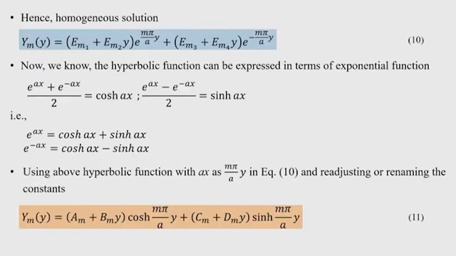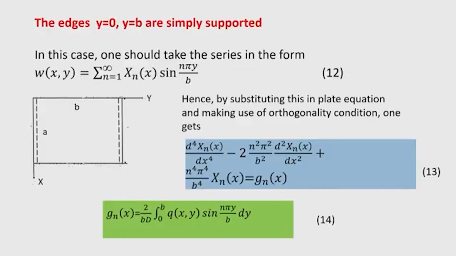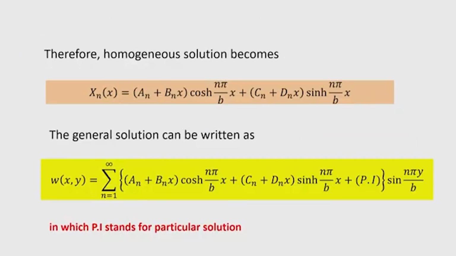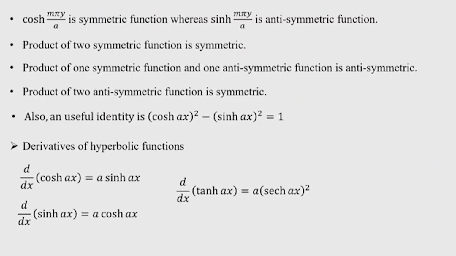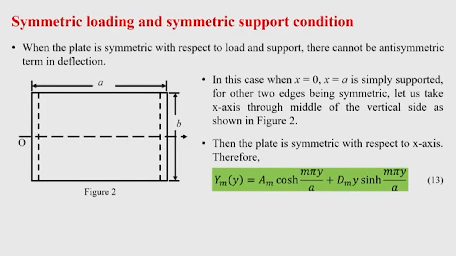So, when the support conditions and the loadings are symmetrical, then we can take the symmetrical boundary conditions, and therefore the equation becomes simplified. That means keeping only the symmetric terms of the solution, cos hyperbolic and y sin hyperbolic, because sin hyperbolic is antisymmetric and y is antisymmetric. So, the product of two antisymmetric terms is a symmetric term. So, for this type of condition we keep only symmetric terms.